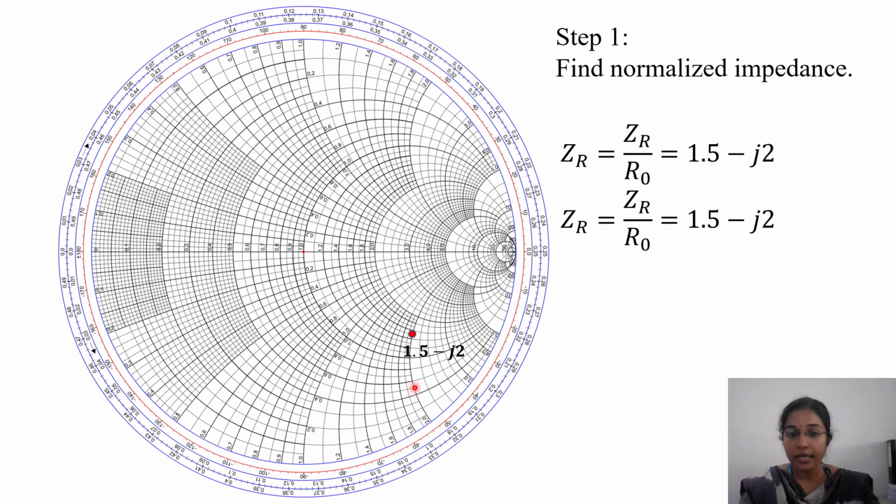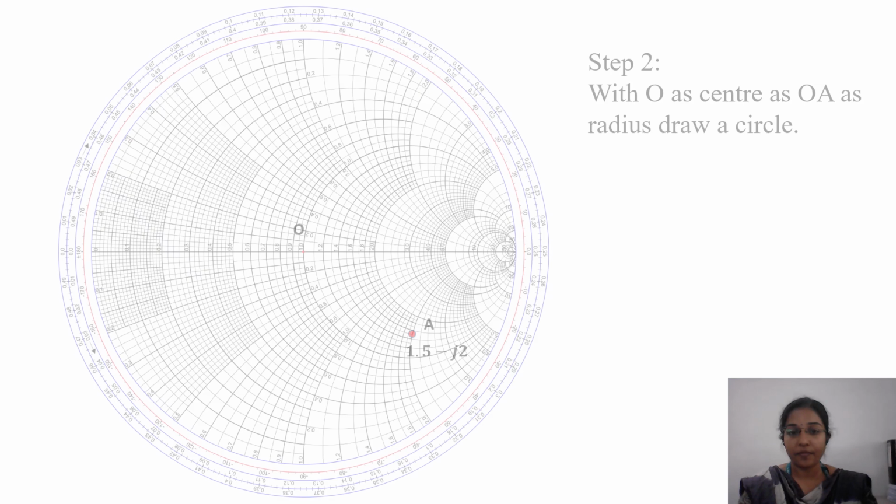I trace this arc, and now I have a point where 1.5 and 2 meet. This point is marked as 1.5 minus j2, which is my normalized impedance value. So the first step is to find the normalized impedance and plot that value in the given chart.